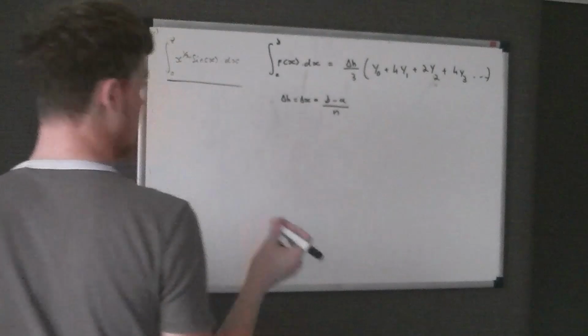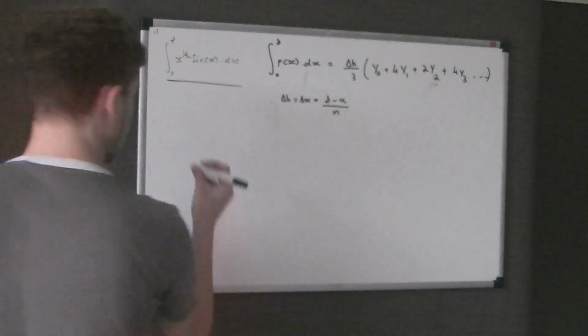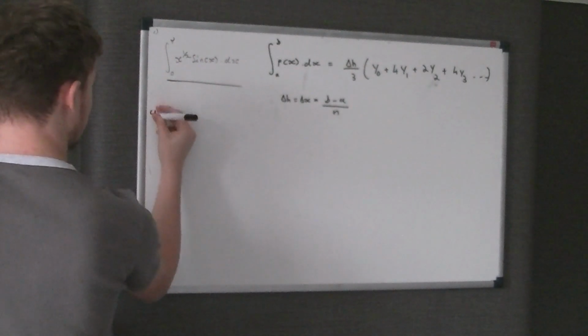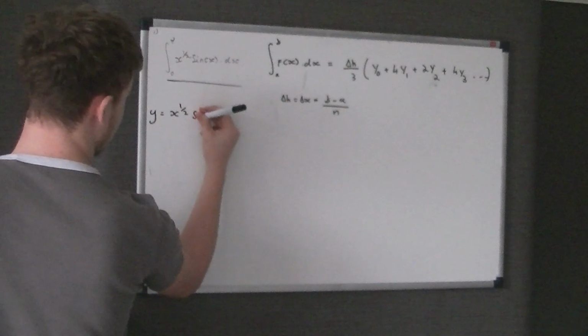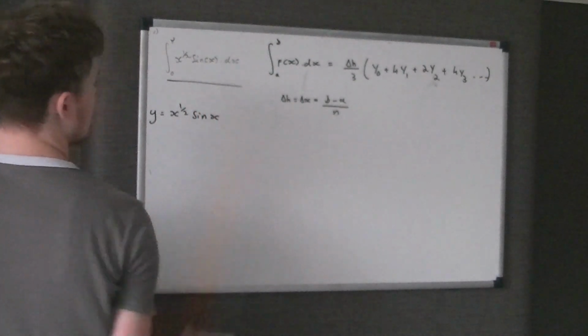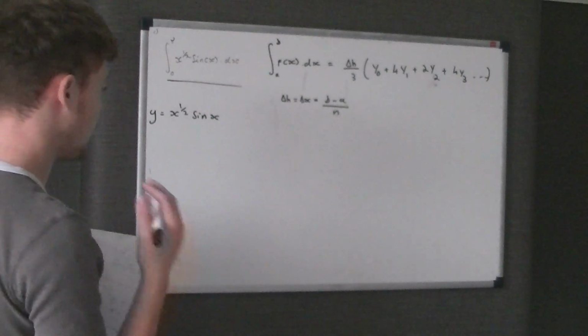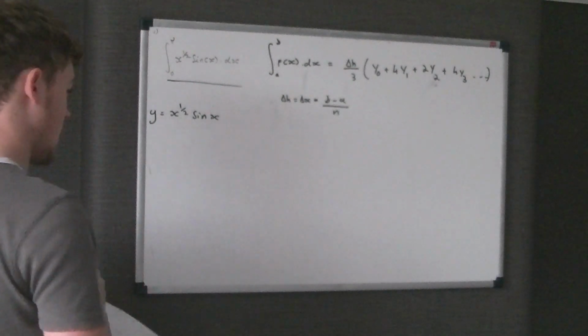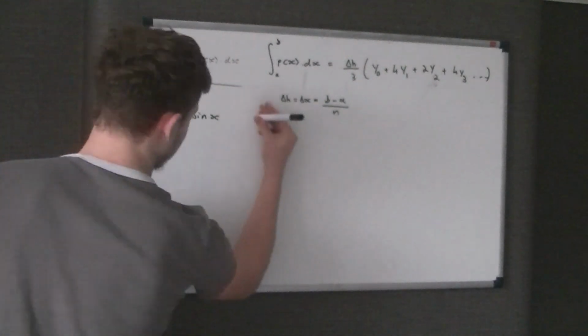So how do we apply it to this question? Well, obviously we're going to need to find our x and y coordinates. If we write out the equation, y is equal to the square root of x, or x to the power of a half, times sine x. Now, it tells us we want 4 strips, or 5 ordinates, so therefore n is equal to 4.